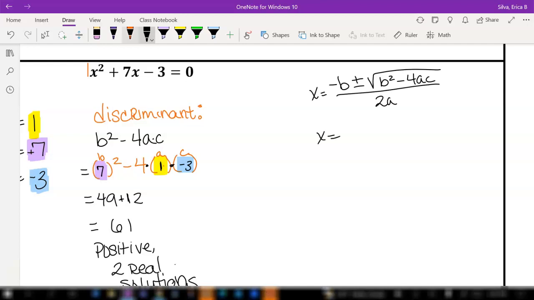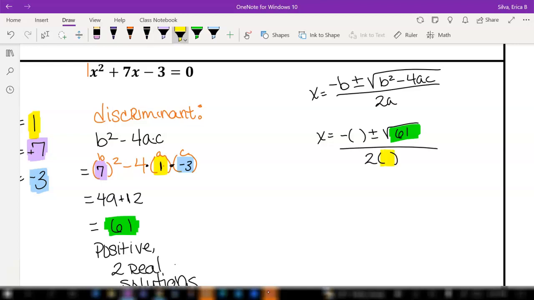And when we substitute again, we're going to put parentheses where there are variables. So negative parentheses plus or minus. Remember, we already got our discriminant. So here, I'm just going to put whatever value we got for our discriminant, which was 61. And then divided by 2 times a.